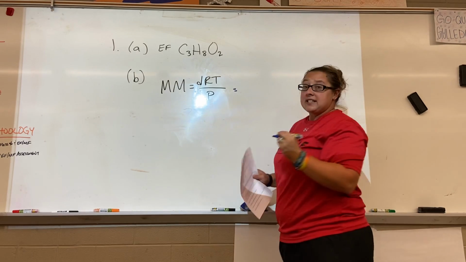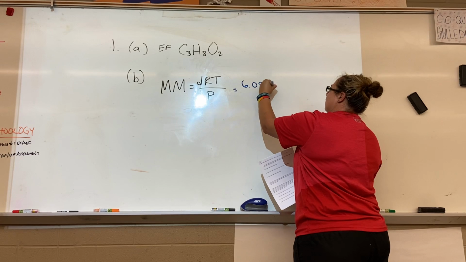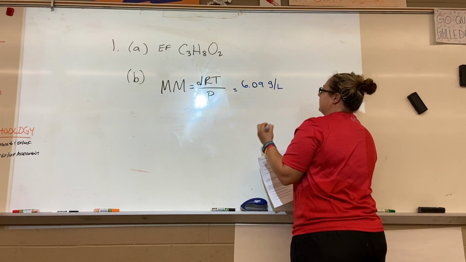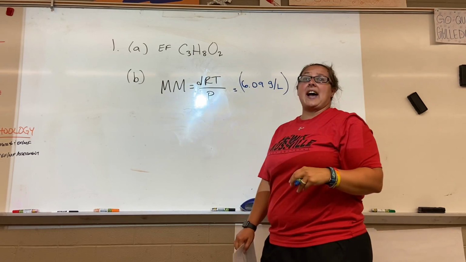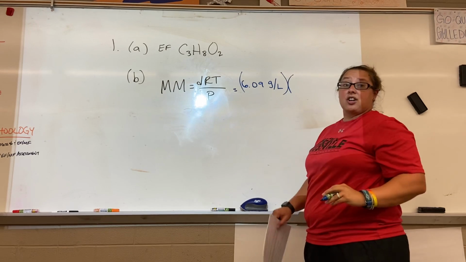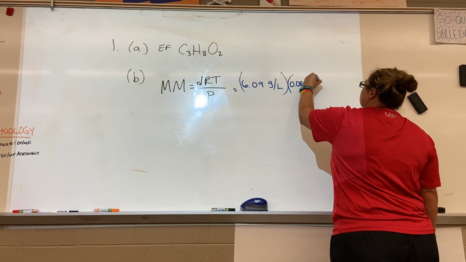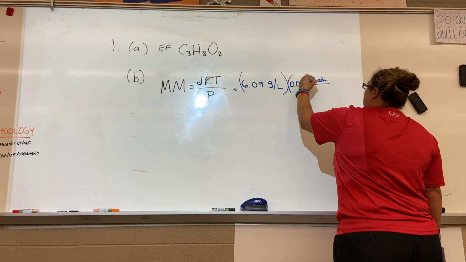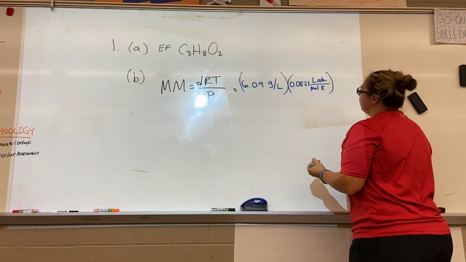D stands for density, so we're going to plug in our density, which is 6.09 grams per liter. R is our gas constant. So that gas constant we're going to use, this is on your equation sheet, is 0.0821 liters times atmospheres divided by moles Kelvin.